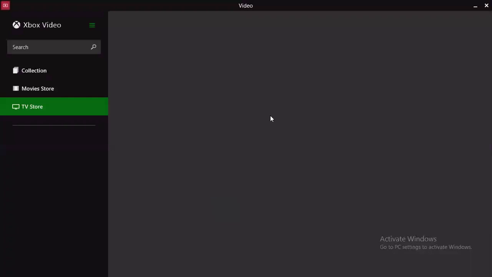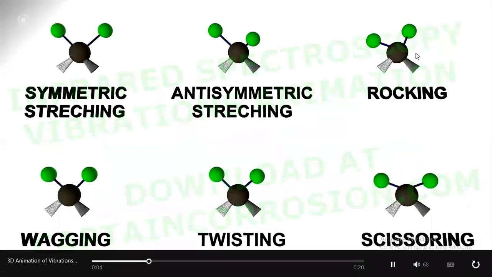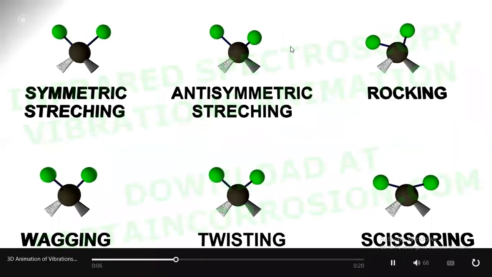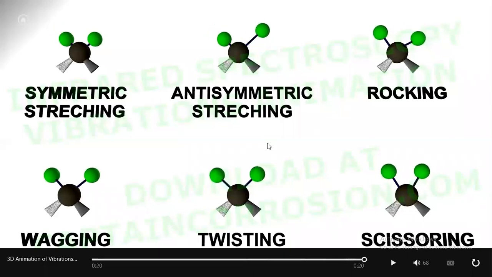I'll show you different types of vibrations and bendings. You can observe this. This is symmetric when both are moving upward or downward equally. This is asymmetric stretching where one is moving down and one is moving up. And this is rocking, in plane in the same direction.